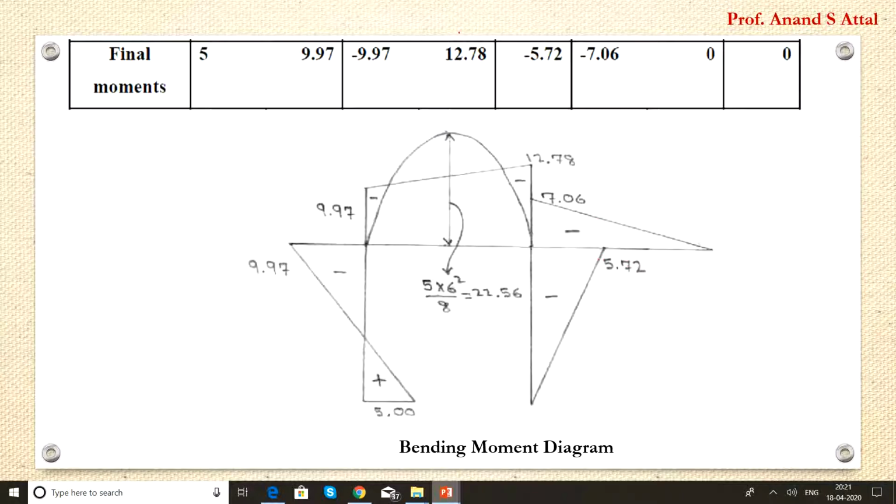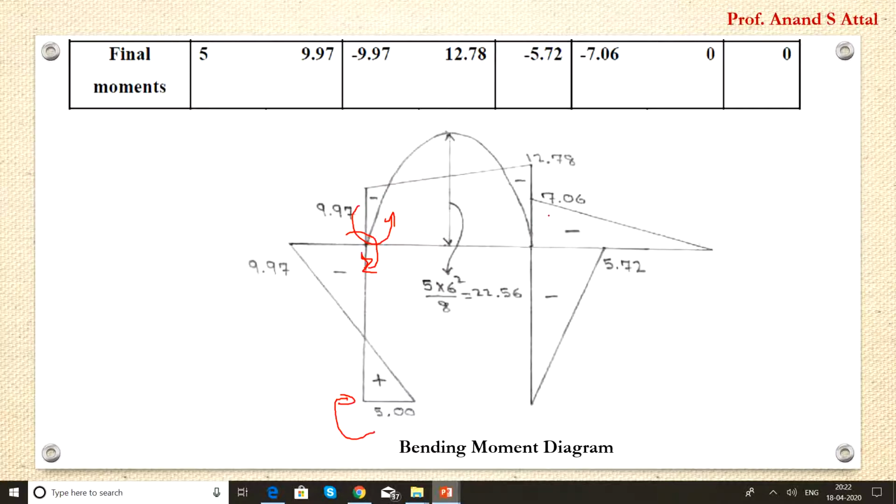Now how do we draw it? This is 5 on joint A. 5 means a clockwise moment is coming, so we apply it like this. It goes to this side. From BA it is plus, so plus means we apply like this. Again it goes to this side. On BC it is minus 9.97, so we apply like this. It goes upside like this one.